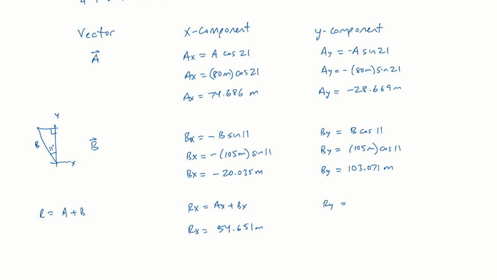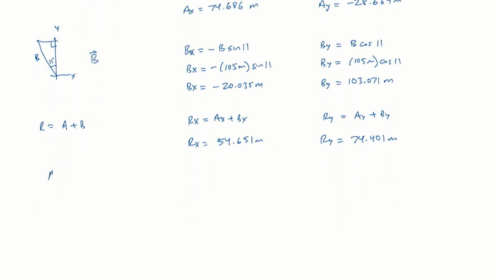Ry is AY plus BY, which is 74.401 meters.